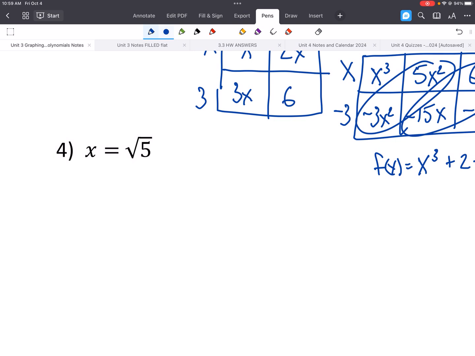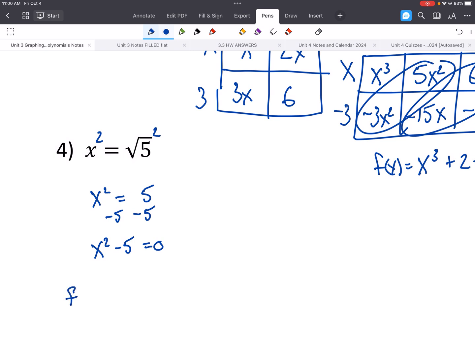Okay, so again, we're going to go the opposite direction. If you ever see a square root, we're going to want to get rid of it. So we would square both sides. We'd get x squared equals 5, and then we'd want to subtract 5 over to the opposite side. So x squared minus 5 is equal to 0, so that would be our equation.